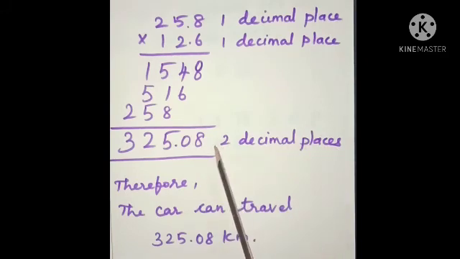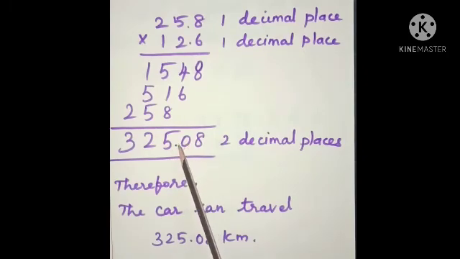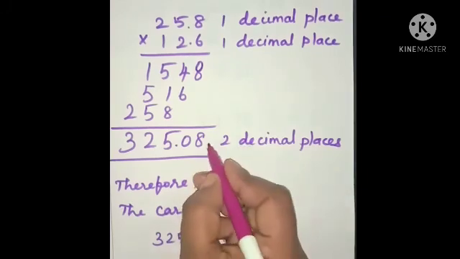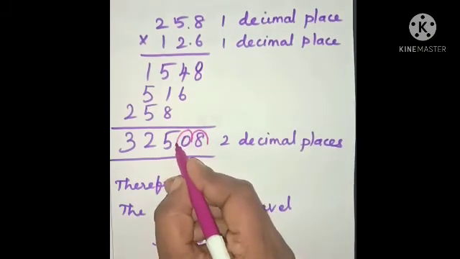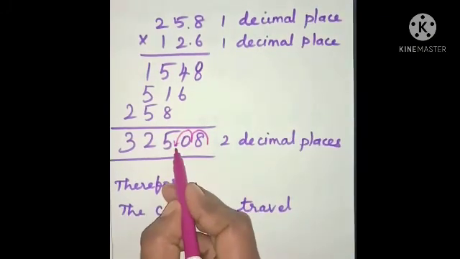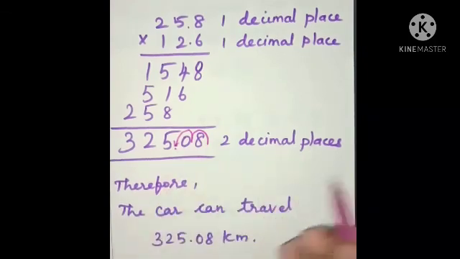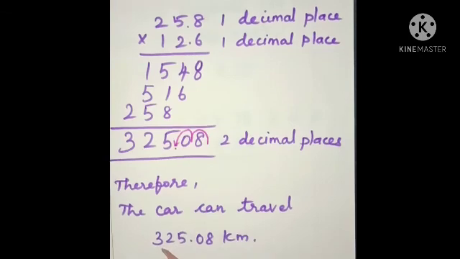So in the product you have to see whether the decimal point is present before 2 digits or not. Here 1, 2. So the decimal point will be present here. Therefore, the car can travel 325.08 kilometers.